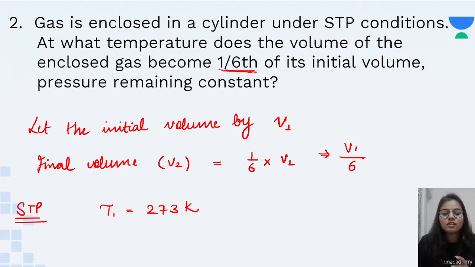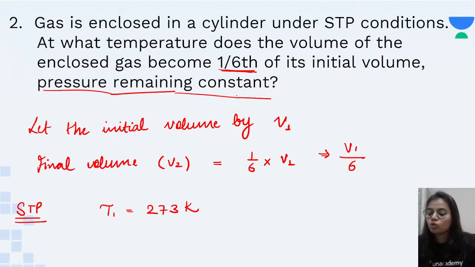Okay, now see student, what do we need to notice in this particular question? We do not need any reference of pressure. Now see, pressure is given to us as constant. So there is no change in the pressure in the whole equation, right? Now what is the law that gives the relation between volume and temperature with pressure being constant?